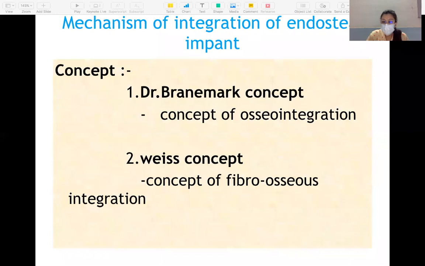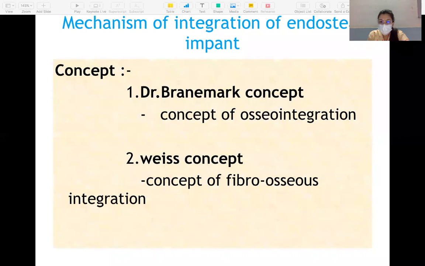Okay. When you talk of the attachment mechanics of implants, you have to consider some of the common concepts like the Branemark concept and the Weiss concept. The Branemark concept is very well accepted worldwide and is known as osseointegration.